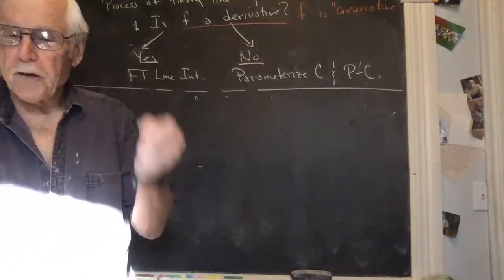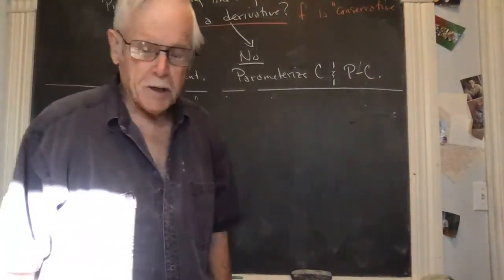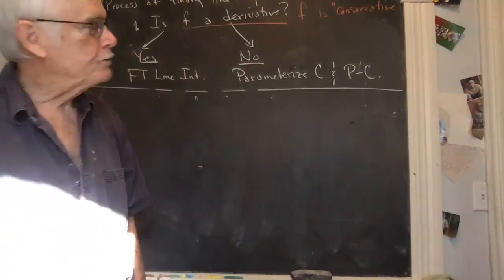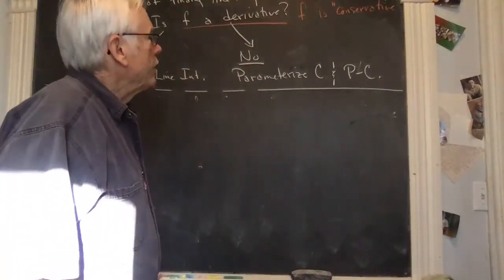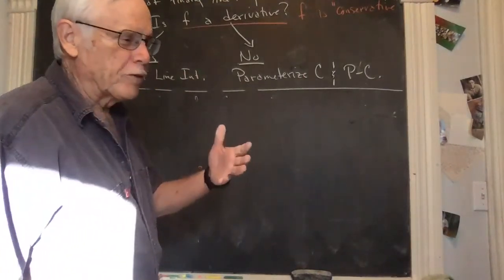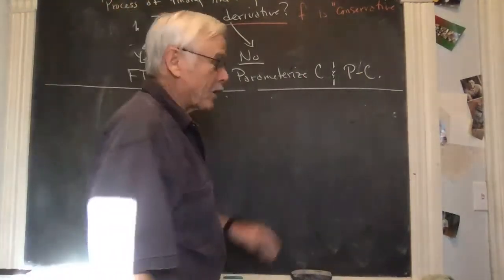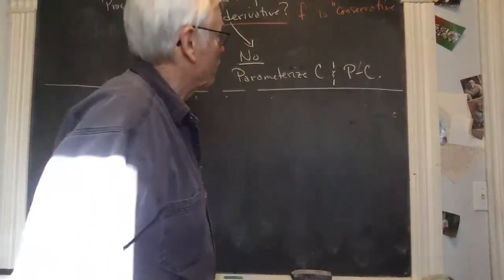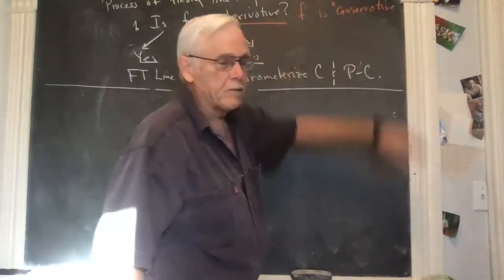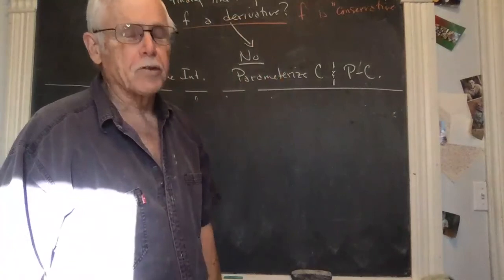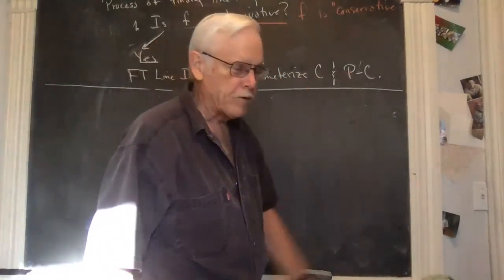Every time in physics you hear the word conservative, it means is a derivative. You hear politician is conservative. It has absolutely nothing to do with being a derivative. But conservation and conservative in physics always means that the vector field you're dealing with is a derivative. There's an antiderivative of it.